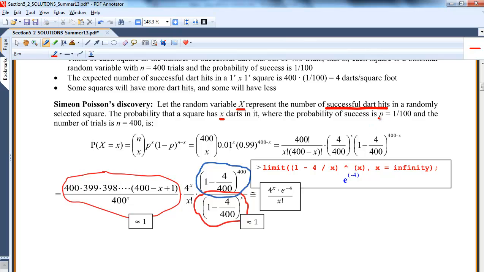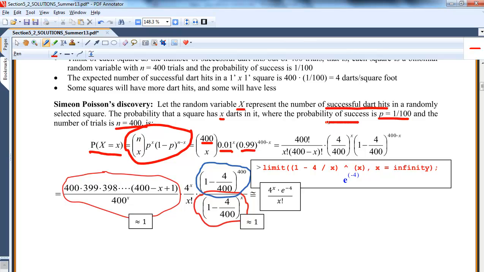And we're letting the probability of success be 1 over 100, and the number of trials is 400. So we're going to write this as a binomial first. So the probability x equals x is just your binomial from section 5.1. Number of trials, 400. Probability of success, 1 over 100. Probability of failure, 99 over 100.